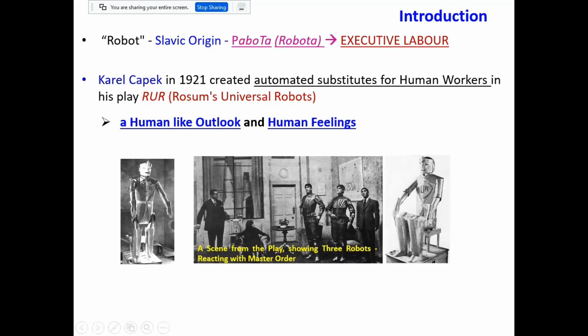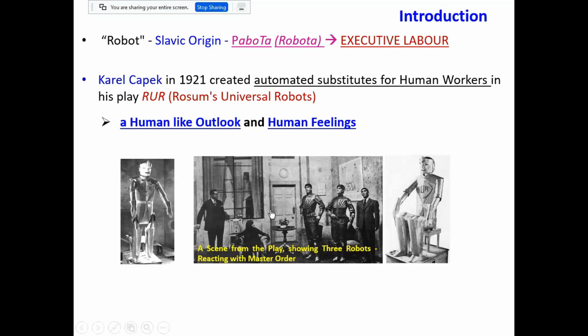An R.U.R. robot resembles a human, meaning the body is there, arms are there, legs are there, head is there, and eyes are there. At that time, in 1921, Karel Čapek brought many anthropomorphic characteristics into robots.